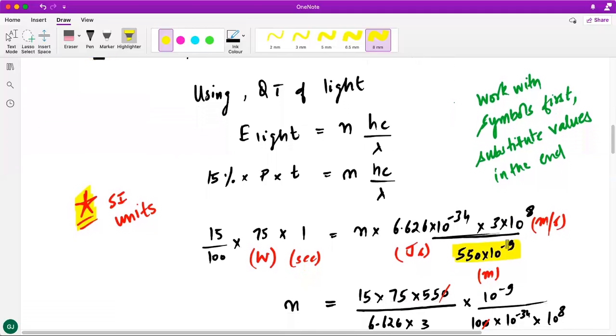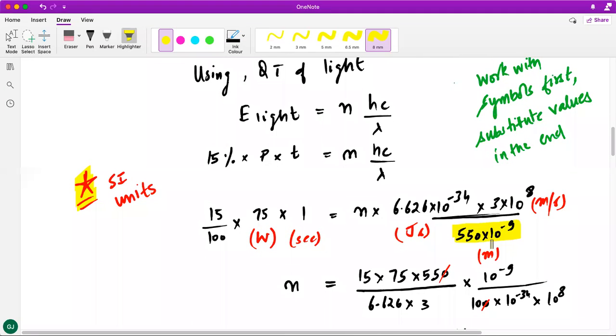Now while solving, it is a skill set that you will acquire over time, that you deal with the powers of 10 in one way and the other values in another way. It helps you simplify your calculation.